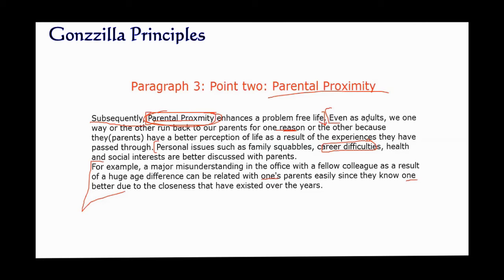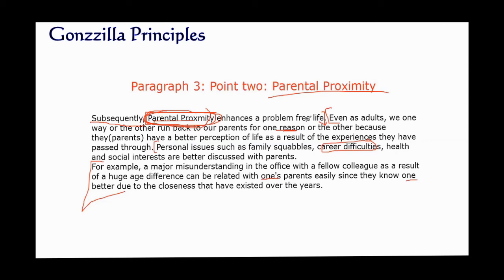In writing my next sentence, I had to hinge on something, which was parental proximity. I hinged on that to create my next sentence: even as adults, we one way or the other run back to our parents for one reason or the other, because they, as our parents, have a better perception of life as a result of the experiences they have passed through. So to make up this sentence, I fall back to parental proximity.